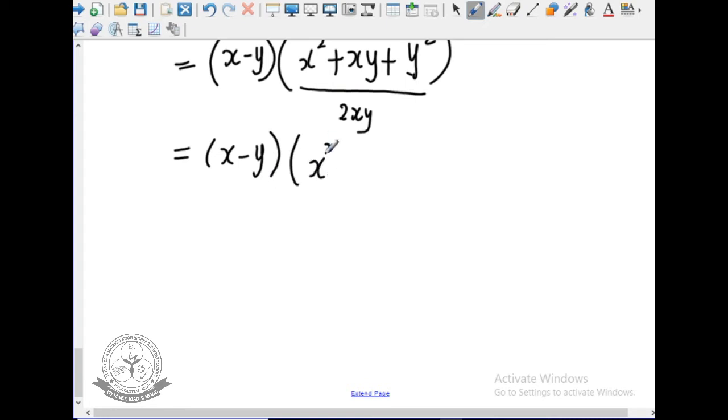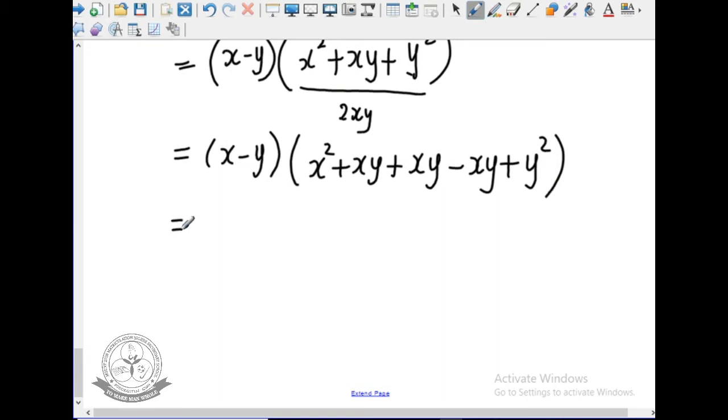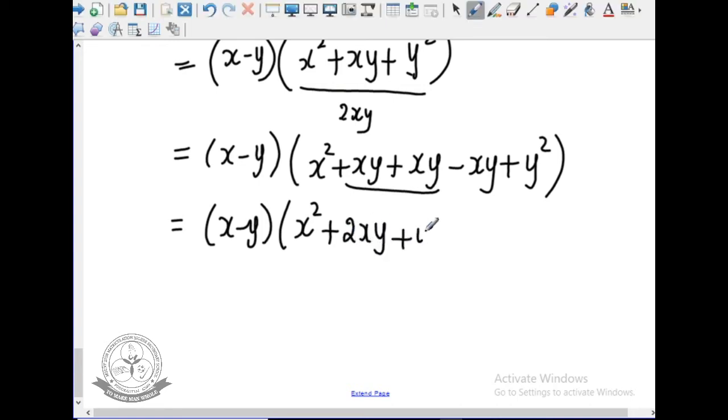So x square plus xy plus one more xy and minus xy, then plus y square. Because there is no identity for the previous step, I add plus xy and minus xy. Now we have x square plus 2xy plus y square, then minus xy.